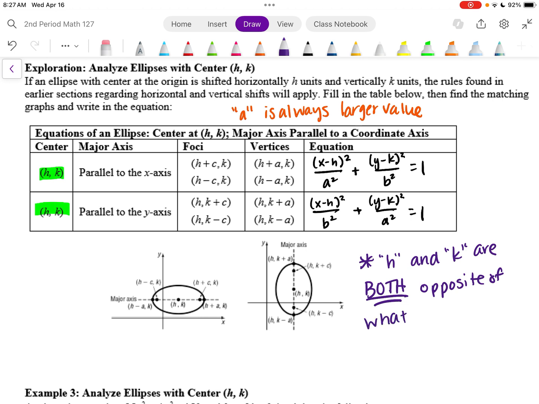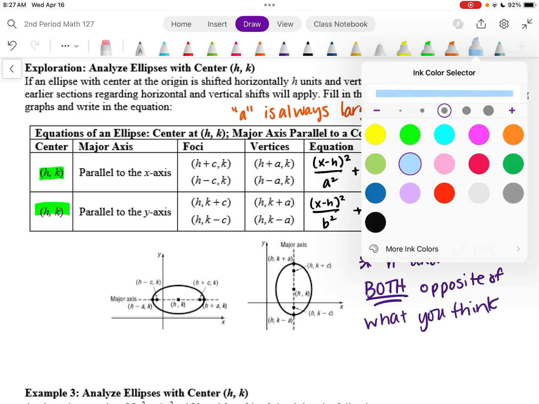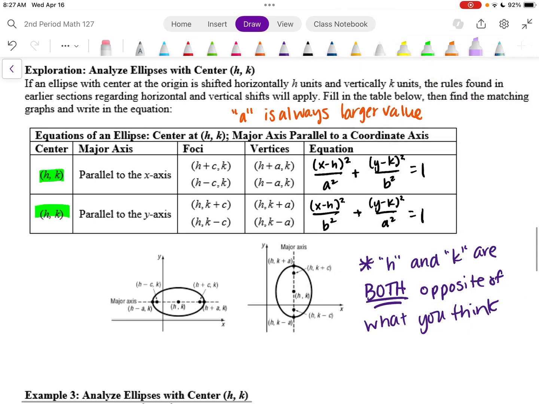We're not used to the k's being opposite of what you think. But because of that minus sign in the formula right here, it makes your k's also opposite of what you think. Okay? So again, all we're doing is taking that center and shifting it away from 0, 0.